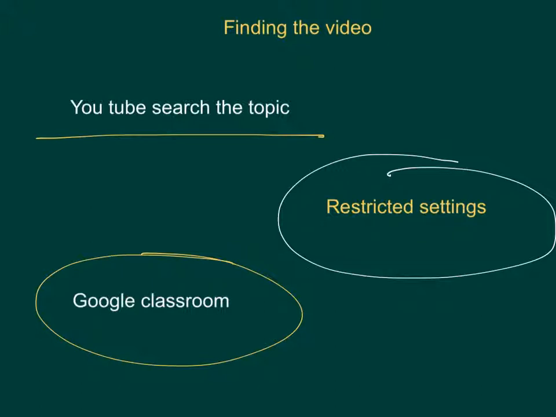Or you can go to regular YouTube and search the topic. So if the topic is 6-1 variables and expressions, you can type in 6-1 variables and expressions. Please be aware that I am making videos for 7th and 8th grade and 6th grade as well. So if you type in something, it may come up with a different class video. Make sure that the name of the video matches exactly the name that's on your contract.